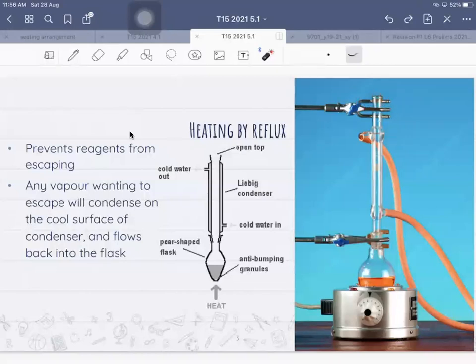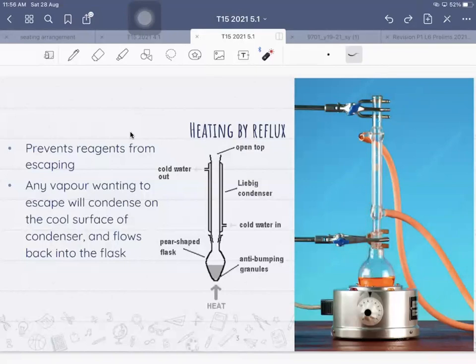That's what reflux is for: it prevents reagents from escaping. Any vapor or gas molecules that want to escape, by the time they reach the condenser, because it is cold, are transformed into liquid and fall back into the flask.